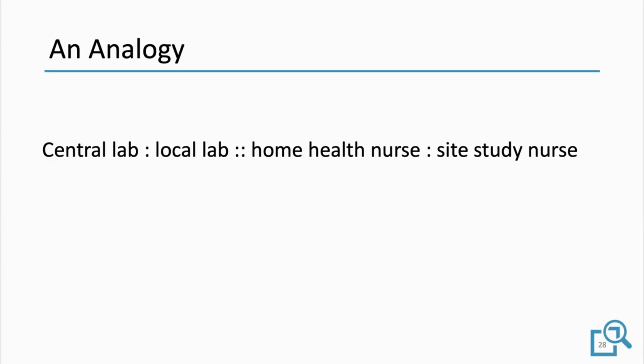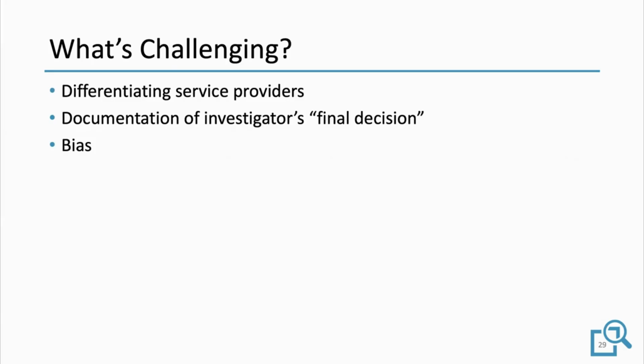Because we need some principles in order to be able to implement R3, right? And know which vendors need to be delegated by the investigator, which need to be approved by the investigator, which need to be overseen by the investigator. So I don't think we're going to be seeing investigators approving central labs moving forward, but it does point out how fuzzy our criteria are for determining who owns a particular service provider.